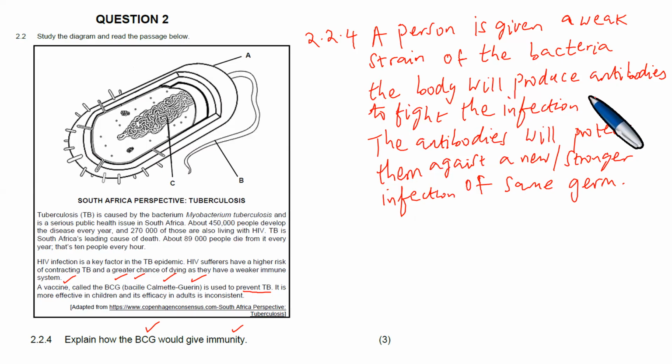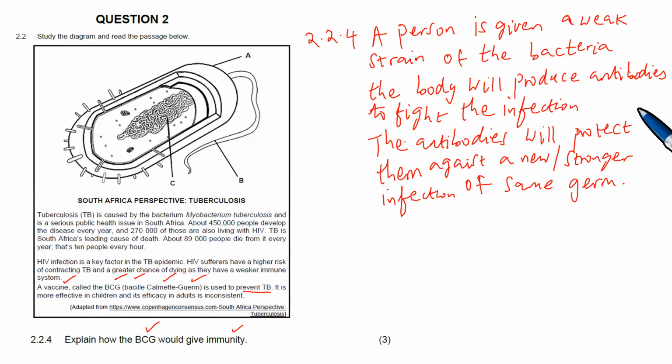The body will produce antibodies to fight the infection. So when the person is given a weak strain of the bacteria, the body will produce antibodies to fight the infection. In other words, the kids are being infected with TB, and the body now fights. How does the body fight the TB infection? It produces antibodies.